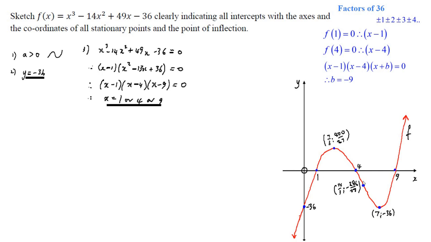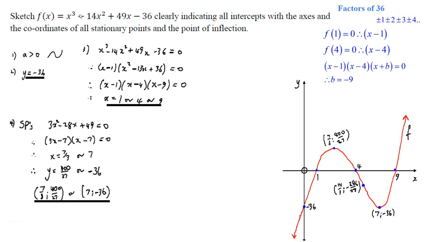We got the y-intercept, we've got the x-intercepts. What about the turning points? Before we graph, we would try to get the turning points. We take the derivative of this, x cubed minus 14x squared plus 49x minus 36, and we get 3x squared minus 28x plus 49. Now you factor this or use the quadratic formula, and you get 2 x values.